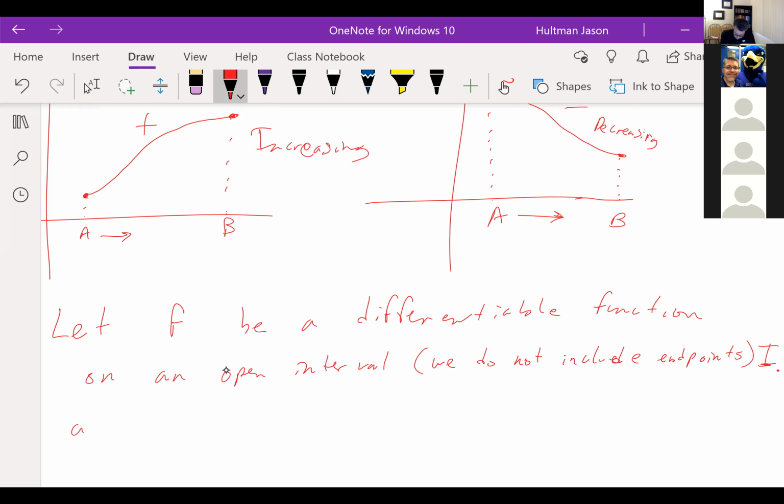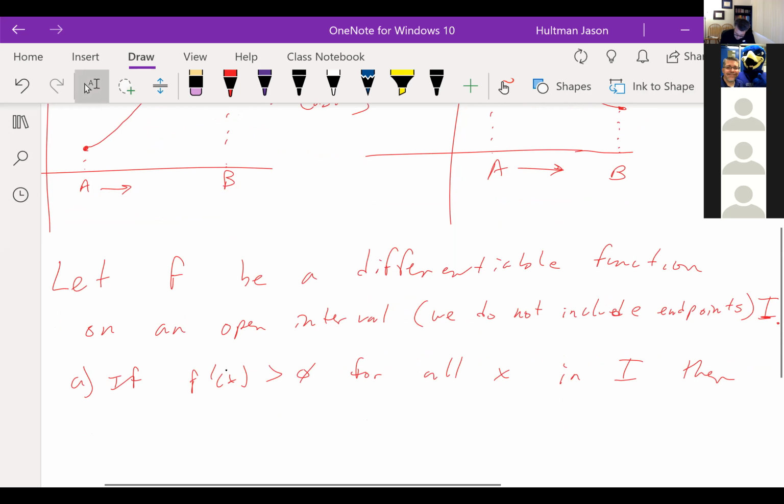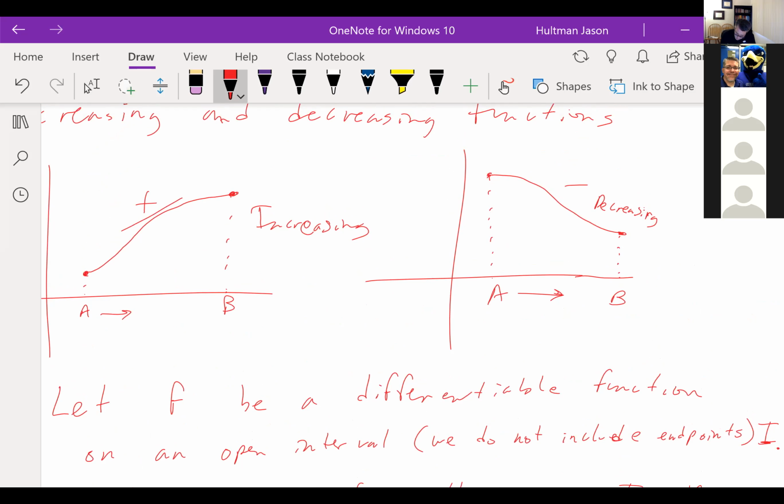A. If f prime of x is greater than 0, if the derivative is positive for all x in I, then f is increasing over I. It's saying, look, if the derivative, the slope of the tangent line, is always positive, then it's increasing.